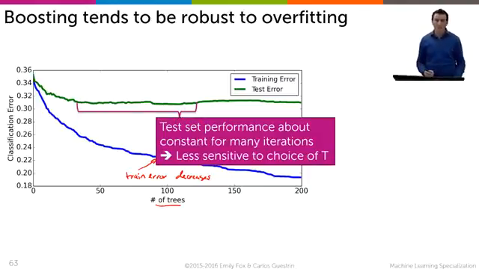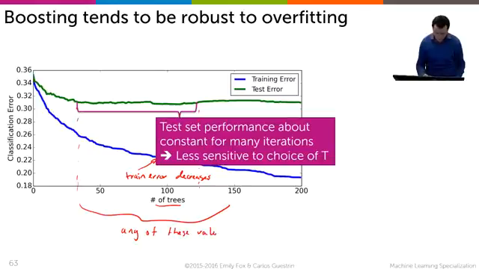The test performance tends to stay constant, and in fact, it stays constant for many iterations. So if I pick T anywhere in this range, we will do about the same. Any of these values for capital T would be fine.